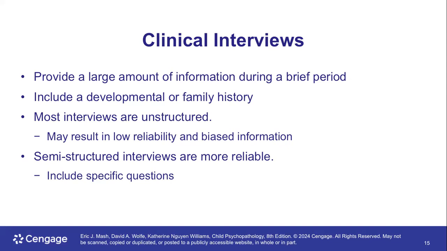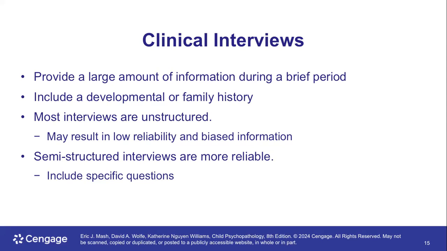through semi-structured interviews. Now, when you do a semi-structured interview, you have to know who your informant is, right? So you might do a semi-structured interview with the child, but if the child is very young or may not be a good historian, you might include other informants, such as a parent, and you might ask a parent to give more information about things like prenatal development.